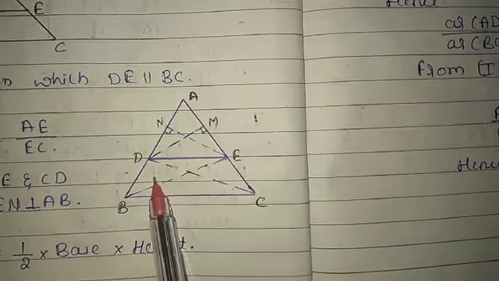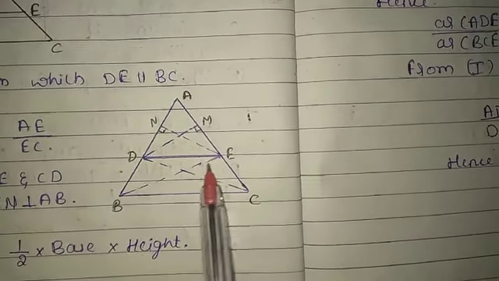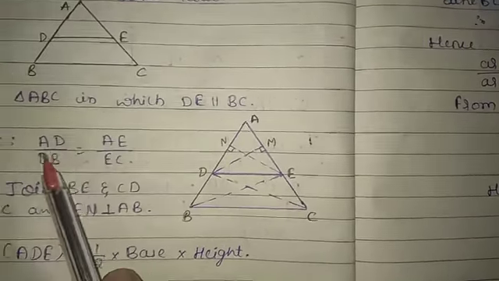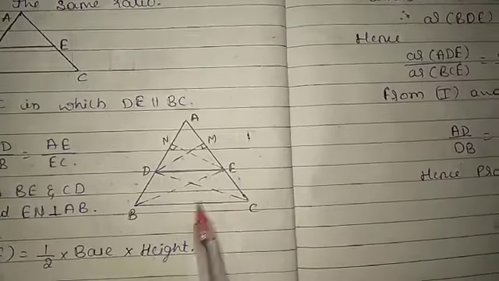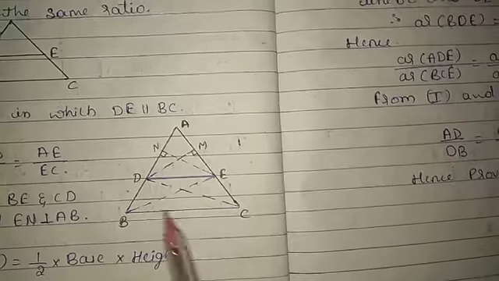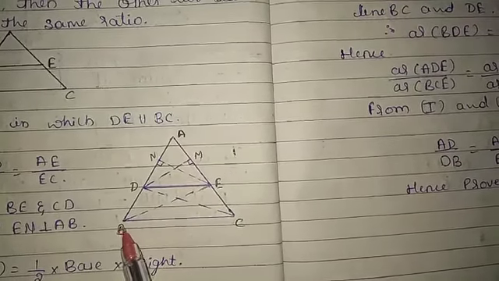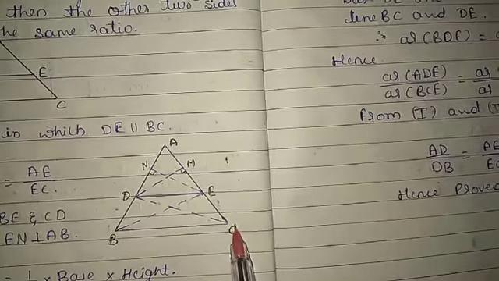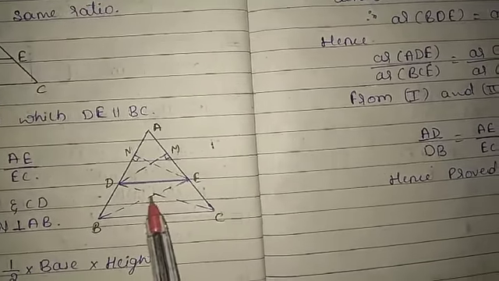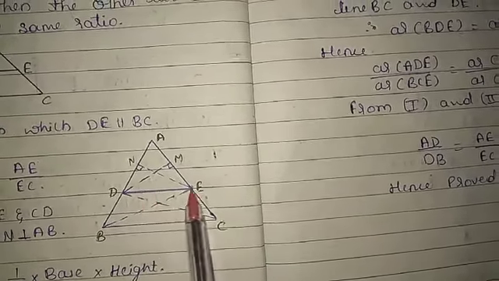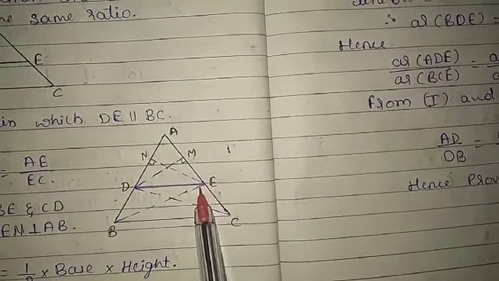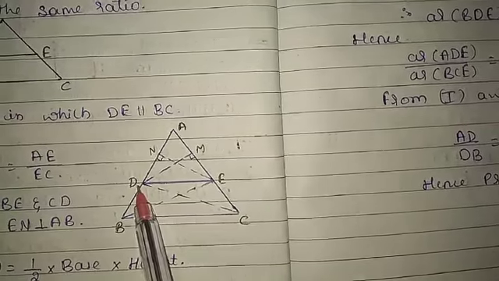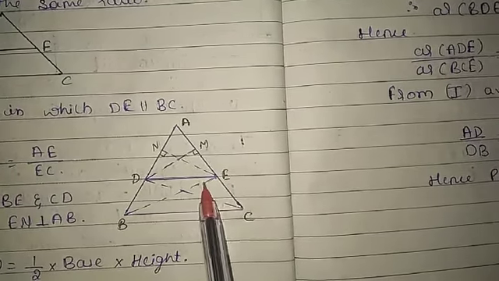We want to show the areas of these two are equal. In triangles BDE and DEC, the base is the same, DE, and they lie between the same parallel lines, BC and DE.